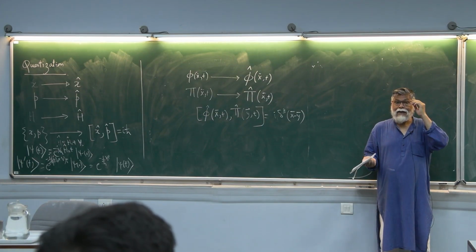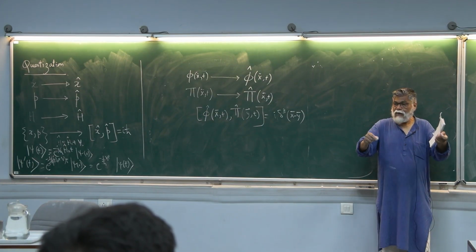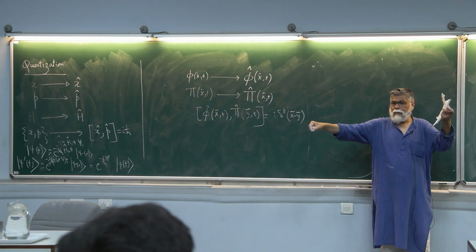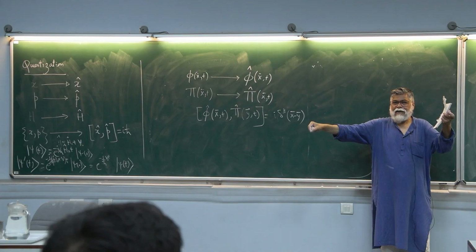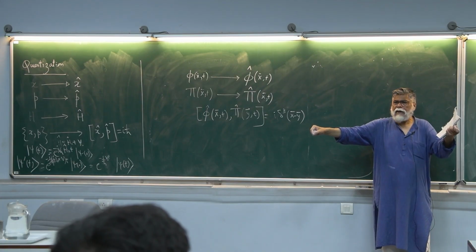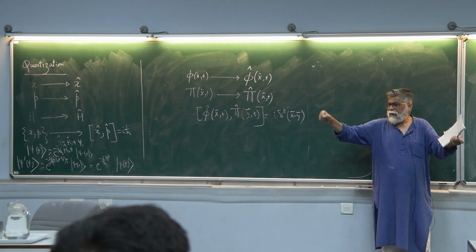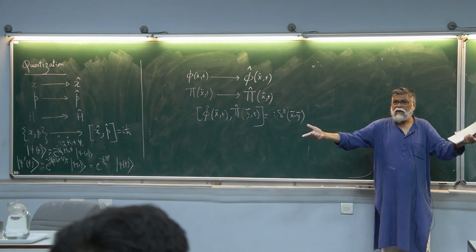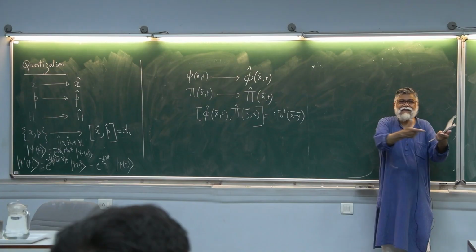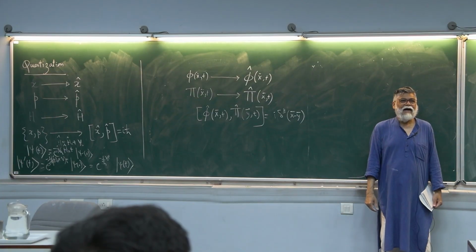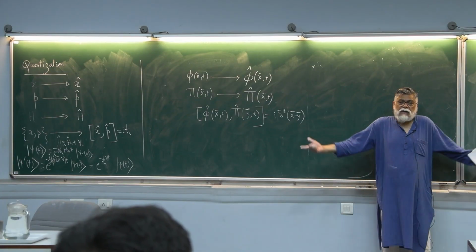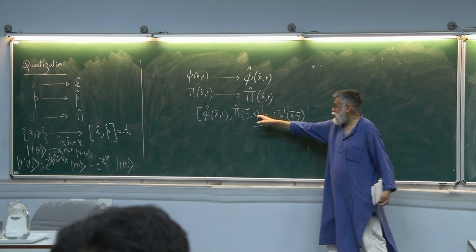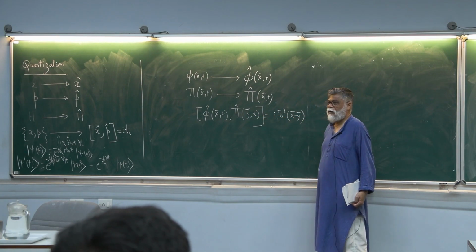But someone will say that if at equal time I am trying to measure phi, the configuration field, and the corresponding canonical momentum, at two different points, I should be able to measure, because they are beyond each other's causal horizon. This is ensured, because at equal time, if x is not equal to y, the commutator is 0.